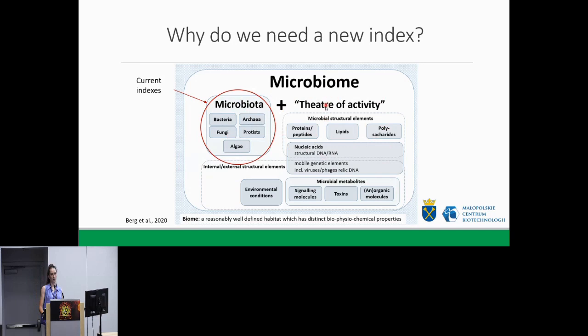So it is all the functions that the species have, all the metabolites that they produce, the specific environmental niche that they're present in, but also their interactions with each other and with the host. So in order to capture what is happening within the microbiome, we can't just look at this small part. It's the way the current indices do it, but we need to consider the whole microbiome definition.